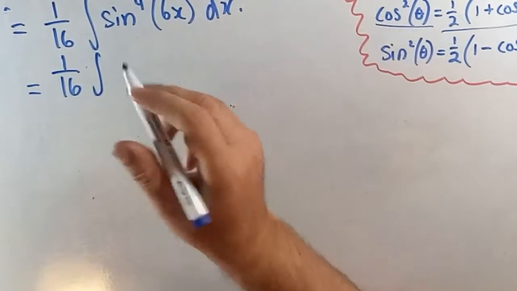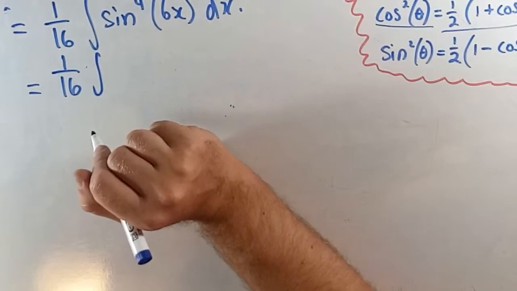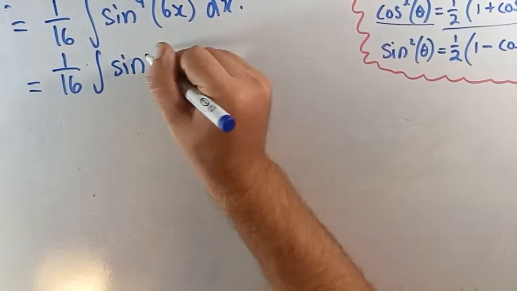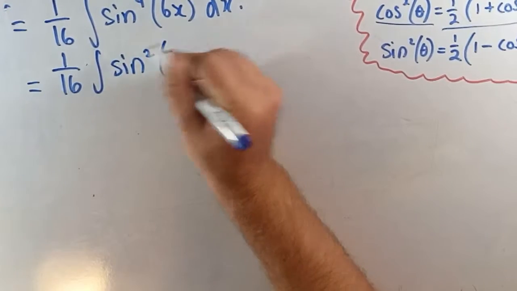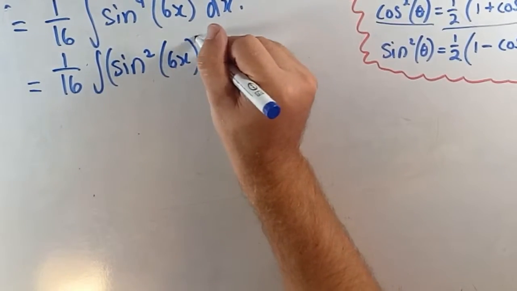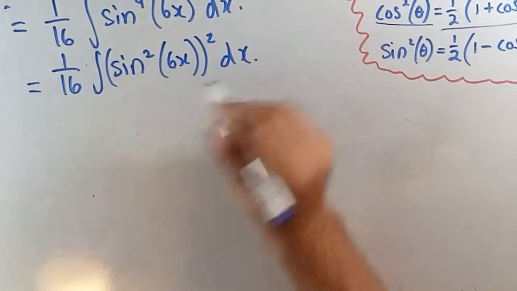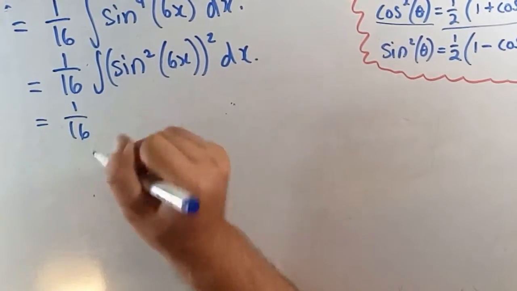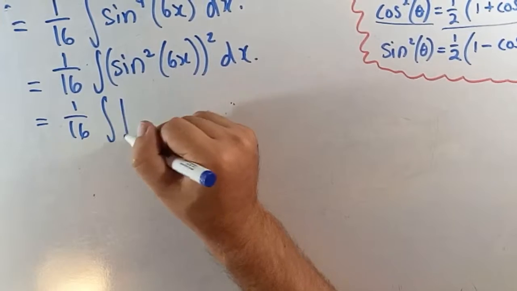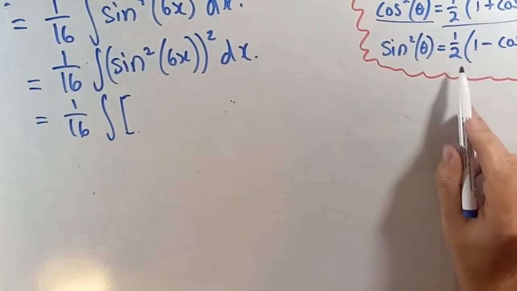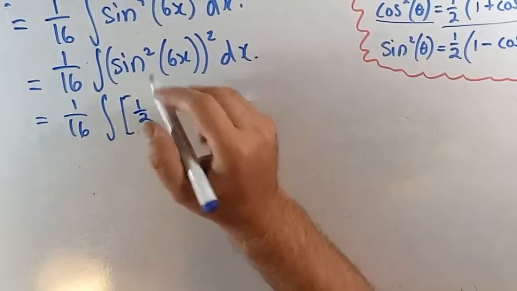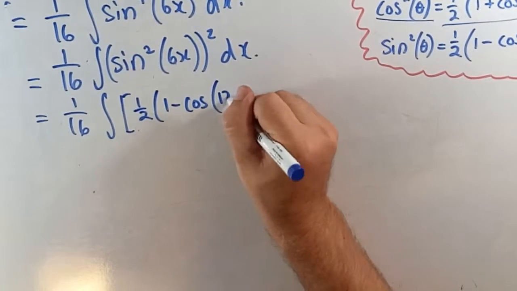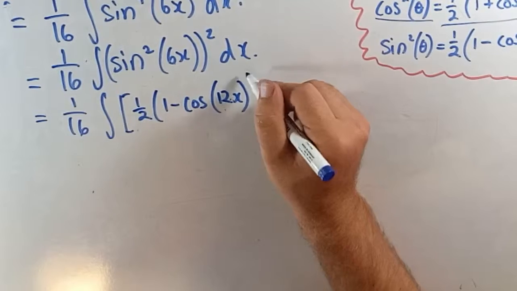So we've got, well, this is just sine squared of 6x, all squared, dx. And sine squared is equal to this one. So we've got 1/16 of, let's do a square bracket, 1/2 of 1 minus cos of 12x now.